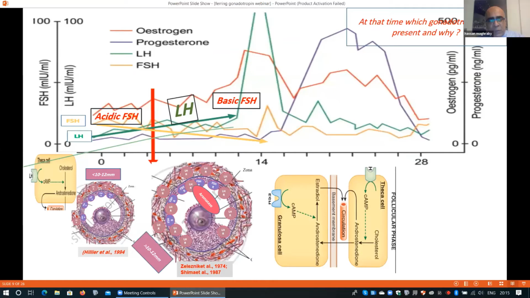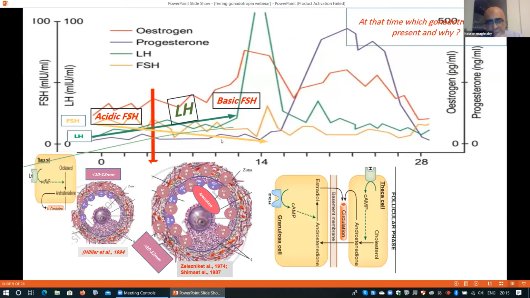These small follicles are recruited in the natural cycle by acidic FSH, the one that contains a lot of sialic acid, like the urinary products. Whereas after the follicle reaches 12 millimeter, it is maintained in growth and function mainly by LH in the natural cycle.